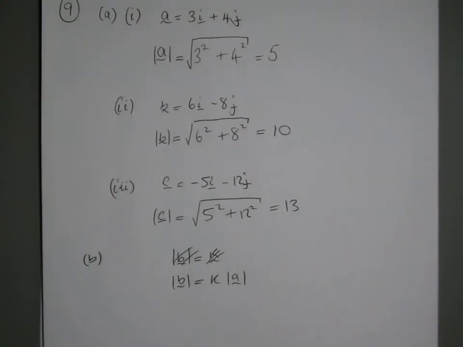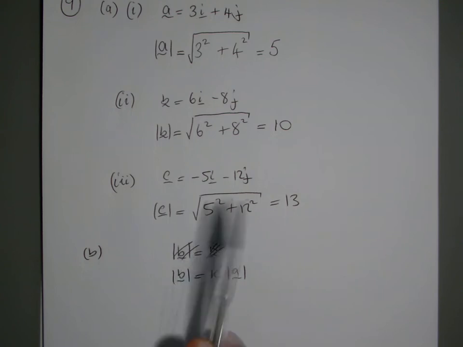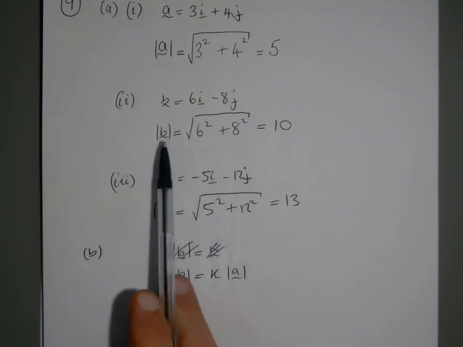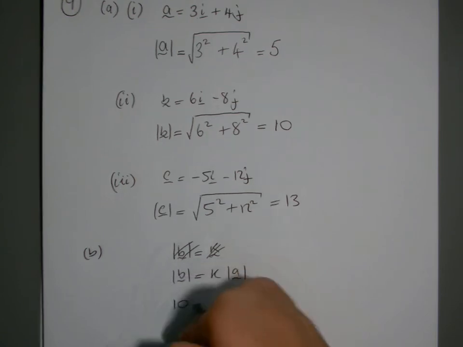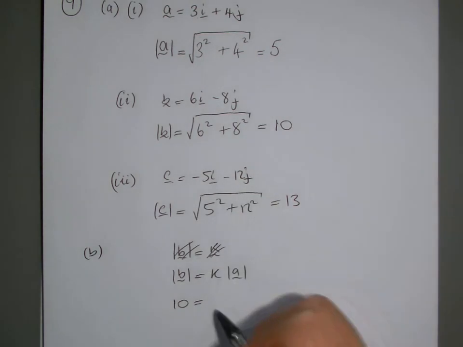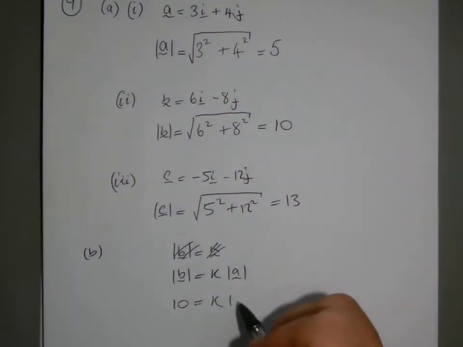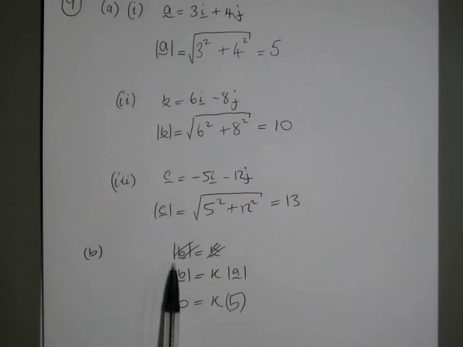We want to show that. Well, the size of b is equal to 10, and the size of a was equal to 5. If I substitute in the size of b and the size of a, then I can see that k, the constant, is a positive integer. k has got to be 2, because 10 is equal to k times 5.